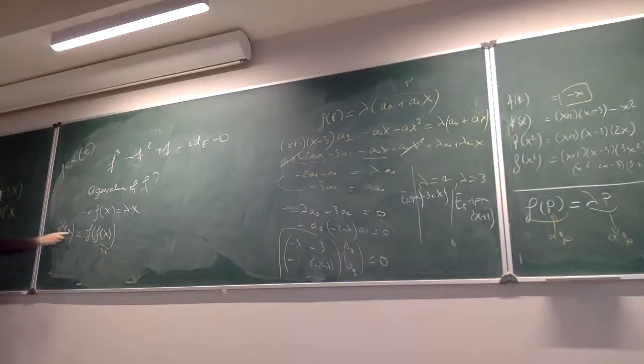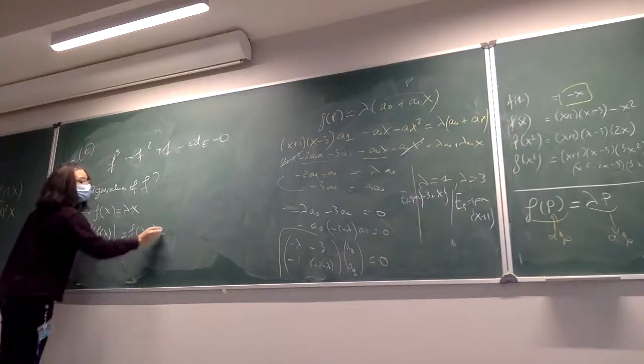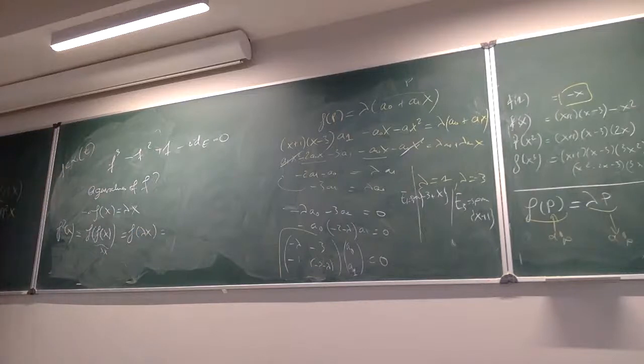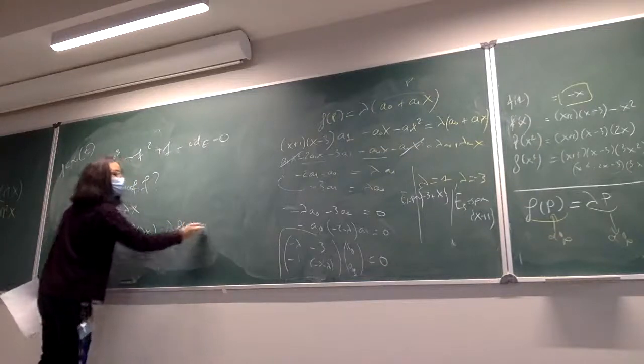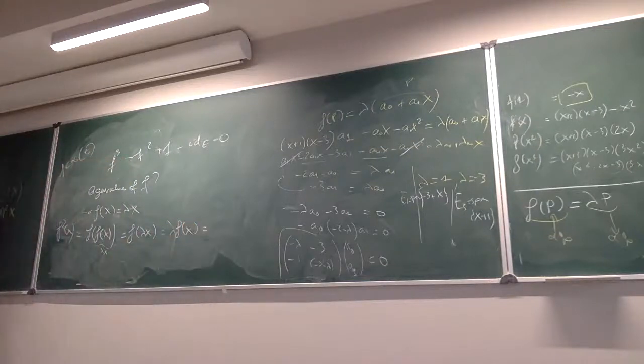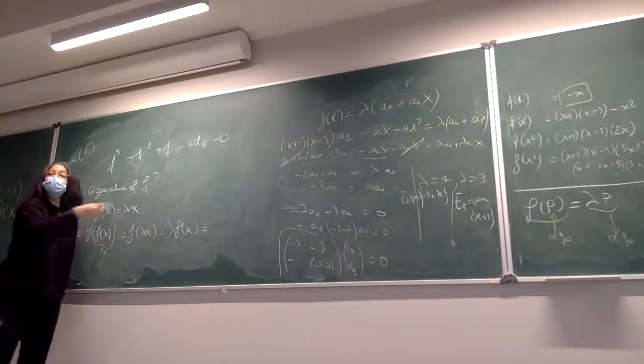Okay? So now I've got to compute f of lambda x. So what do we get? Yeah, first we use linearity, that's lambda f of x. Then we use the fact that we've got an eigenvector, so that f of x is lambda x.